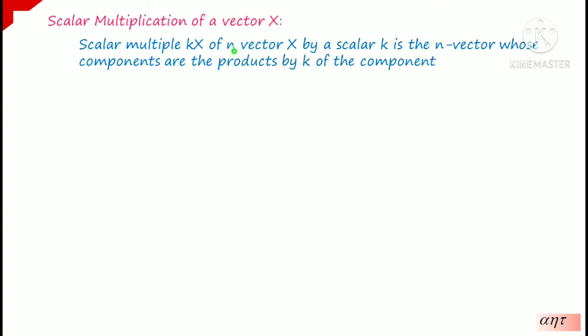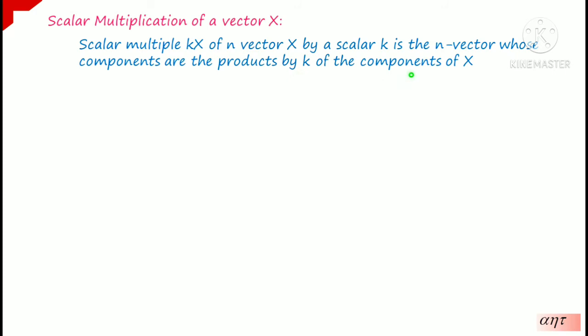That is, the vector x having n elements is multiplied by a scalar k. Then the n-vector multiplied by the scalar has components that are the products by k of the components of x.